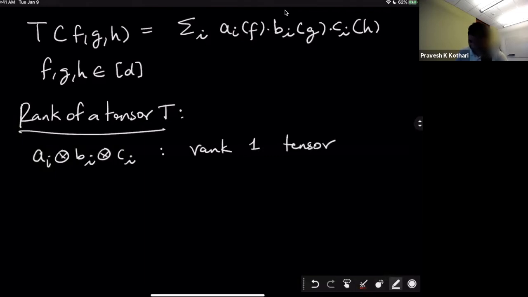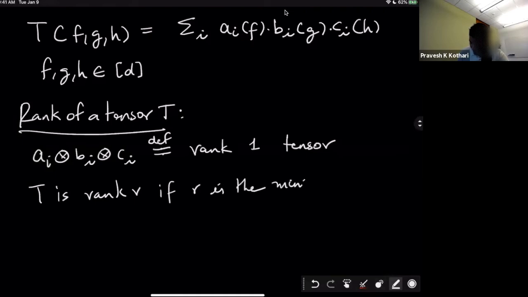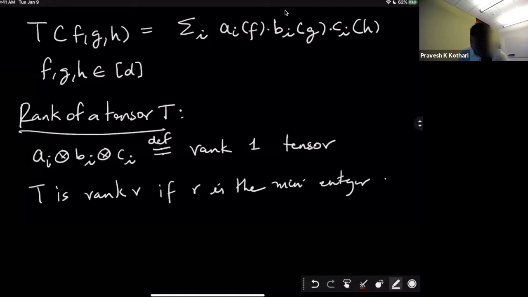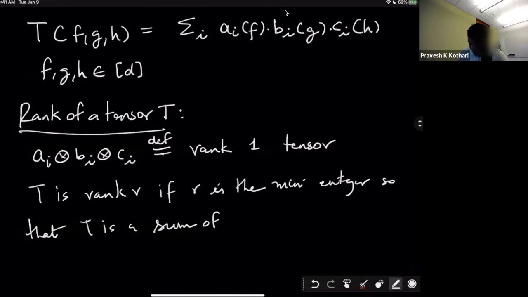That's the definition. And then I'll say that T is rank R if R is the minimum integer so that T is a sum of at most R rank 1 tensors. Good. So now you know what the rank of a tensor is.